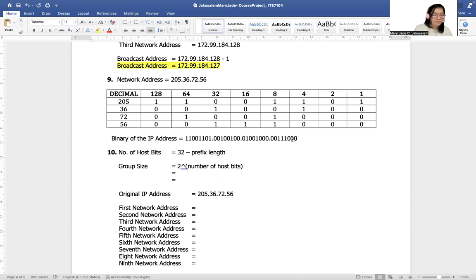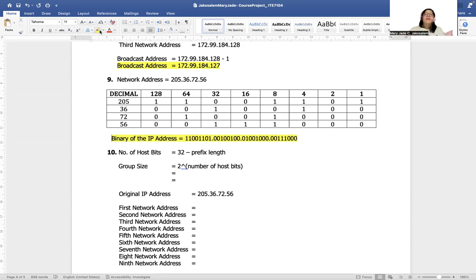Okay, so correct. Therefore, the binary is 11001101.00100100.01001000.00111000. So this is our final answer.